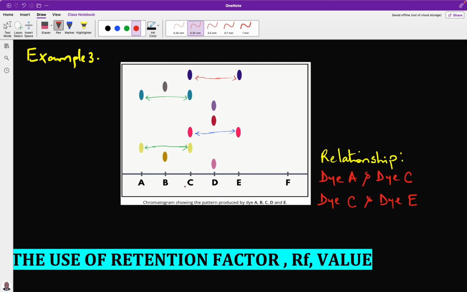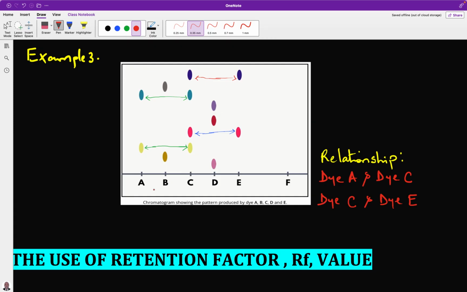So dye C again and dye E have some components that are present in each other. So an investigator will know the ones that are impurities in all these water soluble dyes.